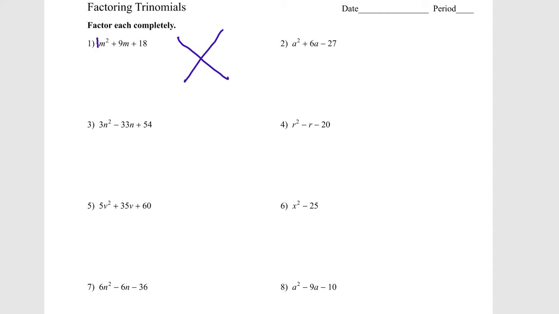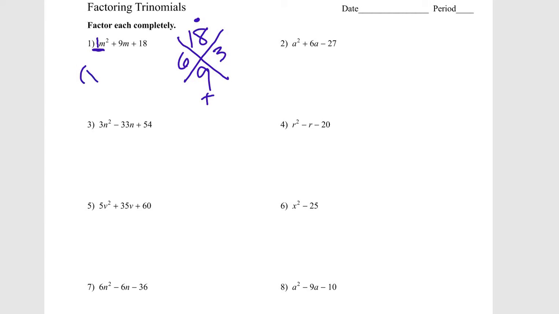So here's the shortcut. You make the X again with 18 on top and 9 on bottom. Once again, we're asking what multiplies to 18 and adds to 9. That's 6 and 3. And this only works in this scenario when there's only a 1 in front of your m squared.